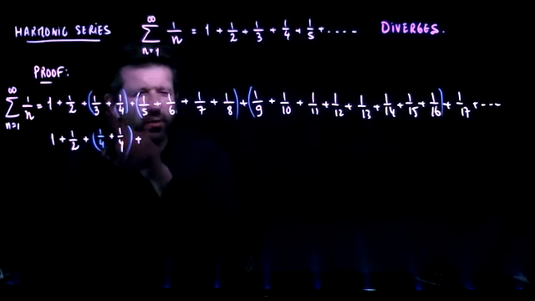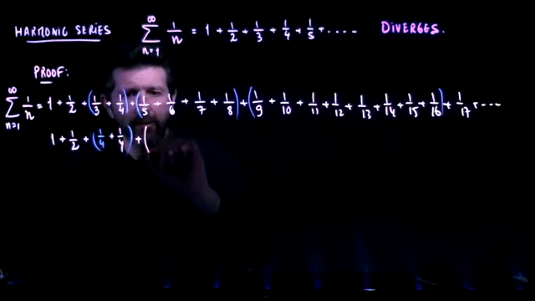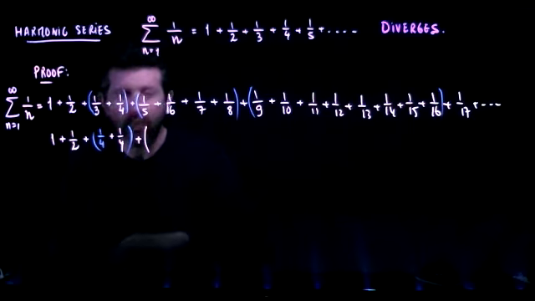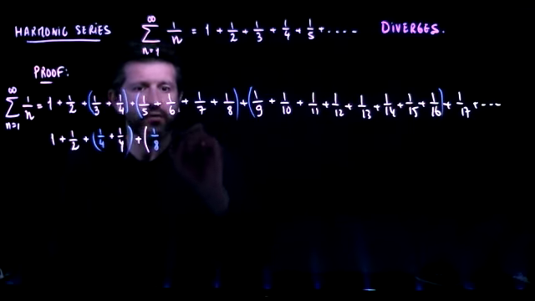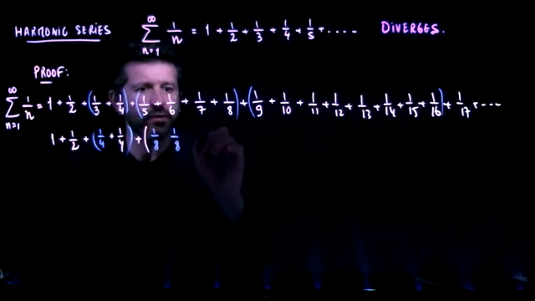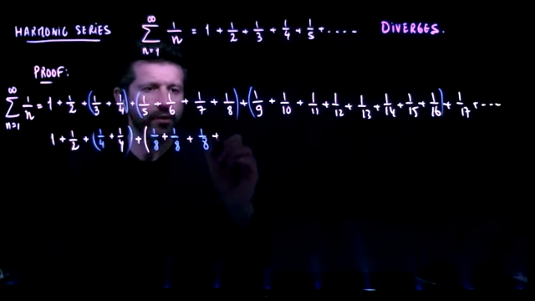Same here: I'm going to replace 1 over 5 with 1 over 8, 1 over 6 with 1 over 8, 1 over 7 with 1 over 8. Plus, I'm going to explain why I'm doing this.